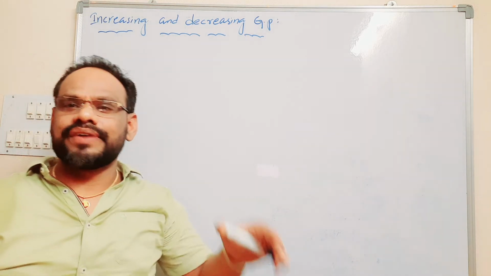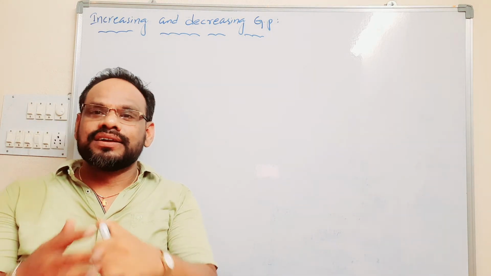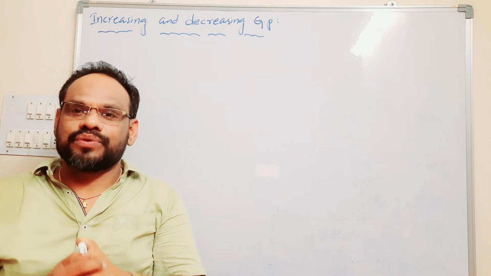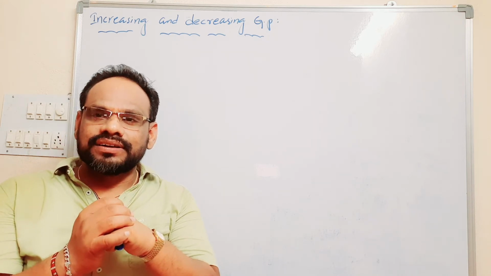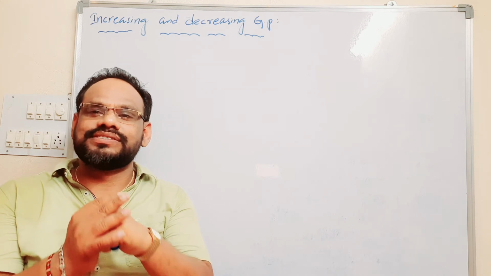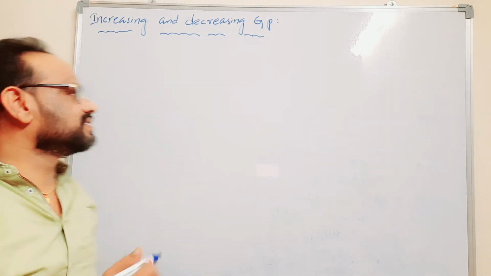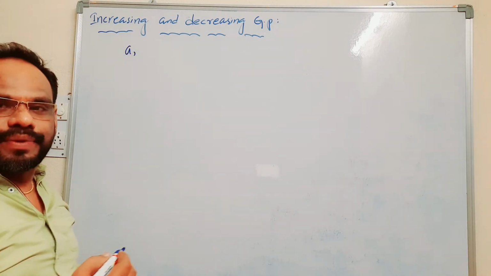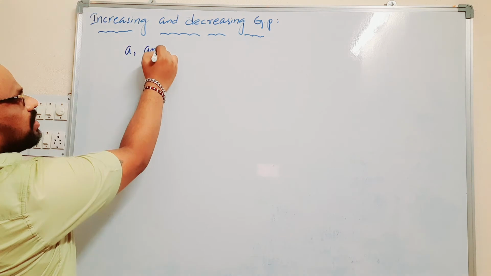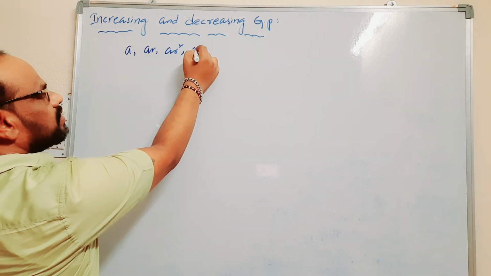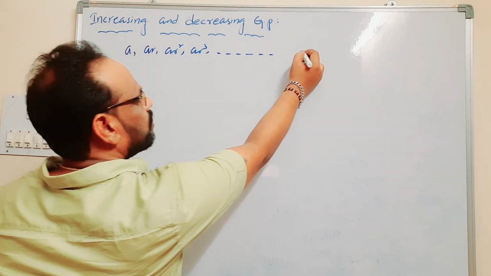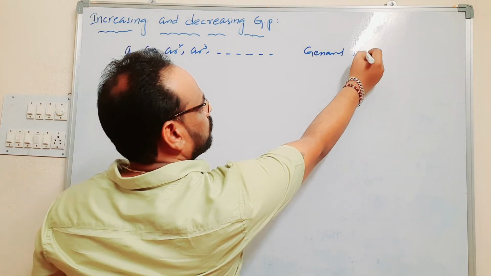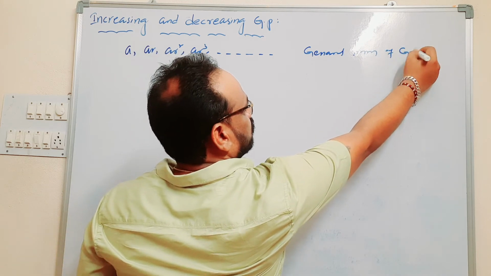If A is the first term and R is the common ratio, then the general form of geometric progression is A, AR, AR square, AR cube and so on. This is the general form of geometric progression.